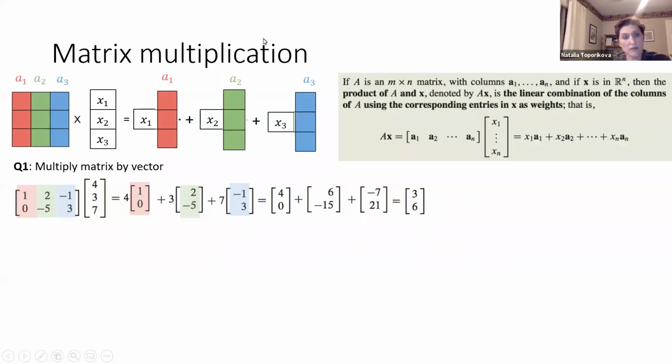And actually we can do this for any matrix. If we have a product of our matrix A and the vector x, we can use the corresponding entries of x as weights and make a linear combination of the columns of matrix A. We studied last time that when we have a linear combination, we can also write it down as a system of linear equations.